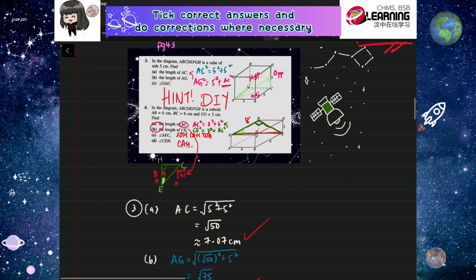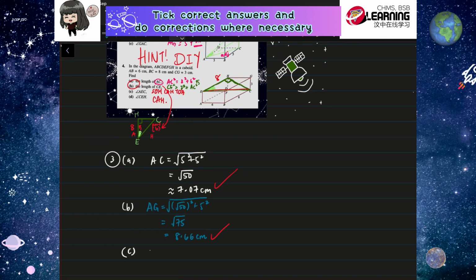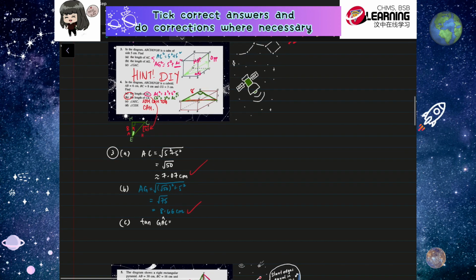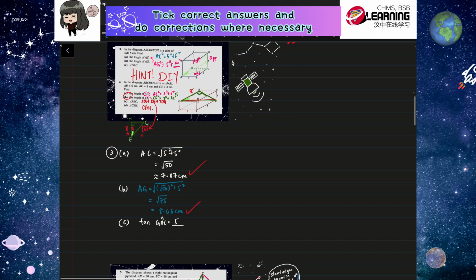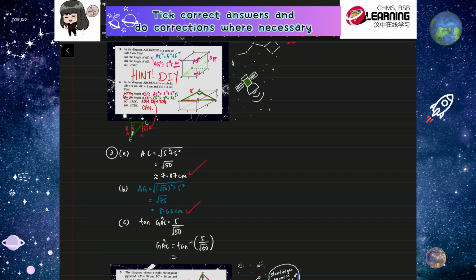For me here, I'm going to use tan. So tan GAC equals 5 over square root 50. Then I inverse tan, 35.3 degrees to 1 decimal place. Please tick the answer.